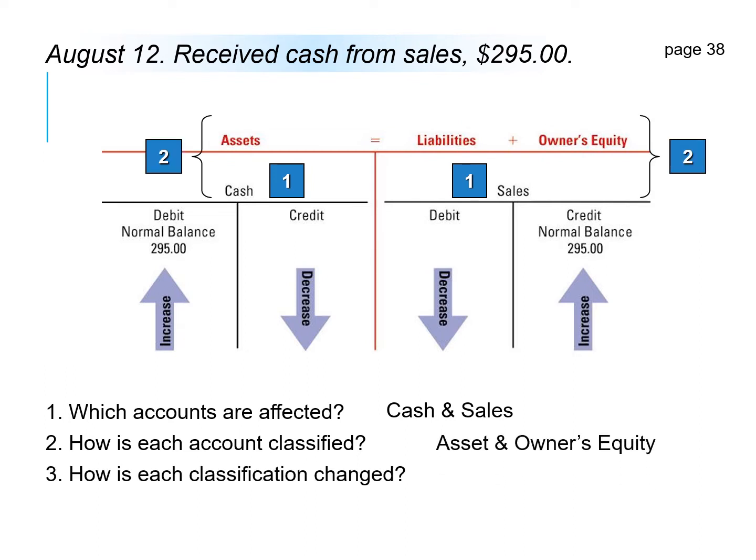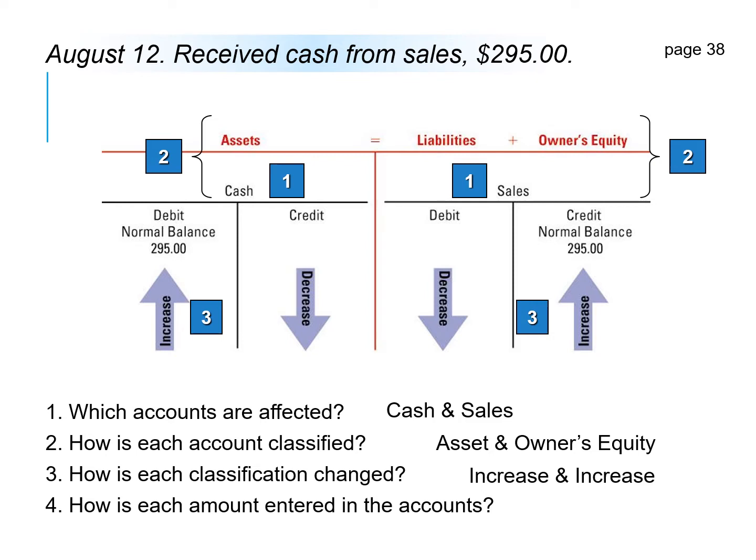How is each classification changed? We receive cash, so our cash account is going to increase, and we receive sales, which means owner's equity will increase because sales increases the value of the business. So that will be increased as well. So we have two increases.